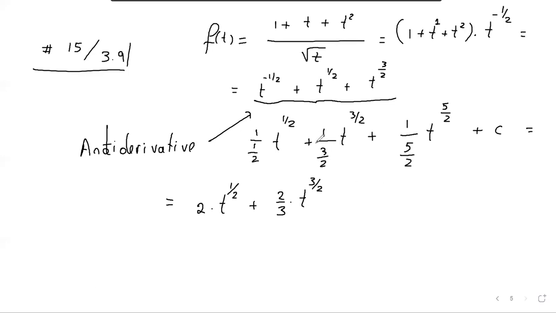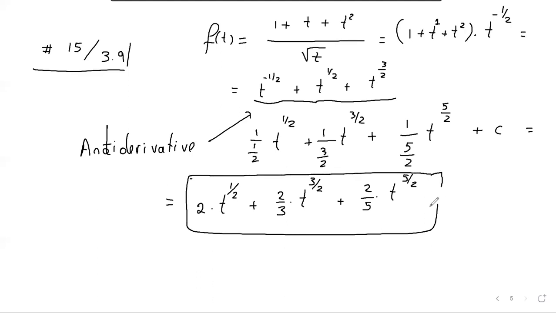To invert, flip over 3/2 there, plus 2/5 times t to the 5/2. So you see, folks, this is my lovely antiderivative. I forgot to say plus a constant. Let's add a constant c here. Plus a constant c. All right, so this is my lovely antiderivative, which is derived based on the sum that we have there.